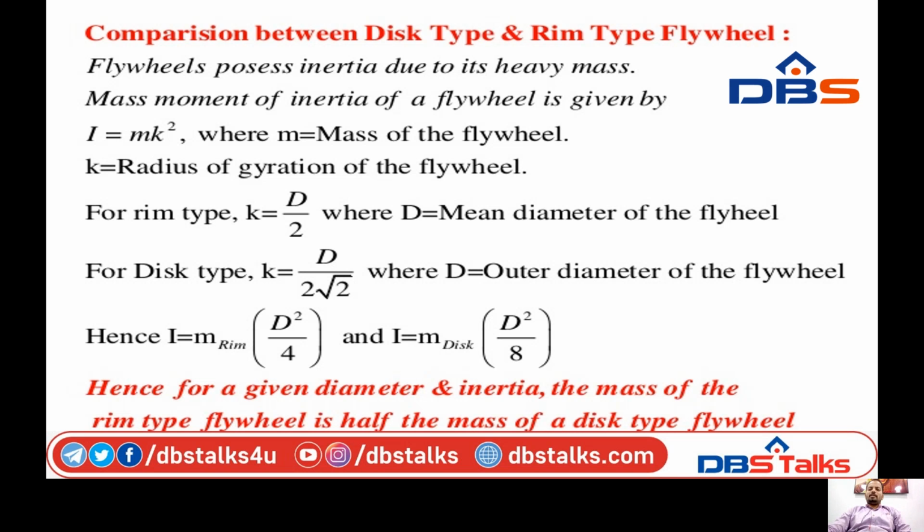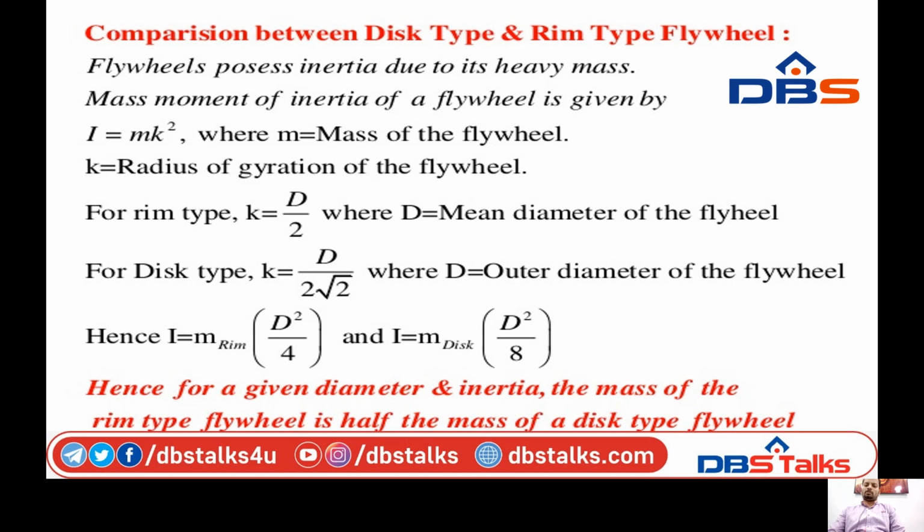So we calculate with the mean diameter of the flywheel. According to that, we calculate k as d by 2 for the rim type, and for the disk type we use the outer diameter only. Hence I equals m k square. For the ring, k square we have to calculate as d by 2 whole square.